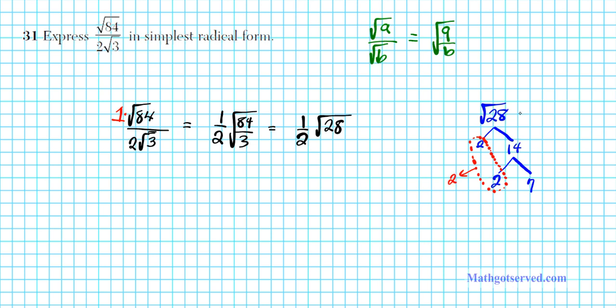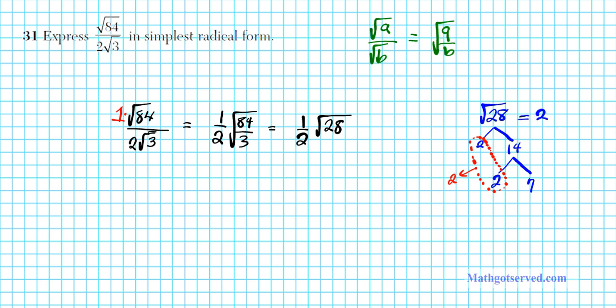So the square root of 28 is going to be 2. This 2 comes out. Let's change the color. Now, what do we have left? The 7. How do we express it? It's going to be the square root of 7. So it's going to be 2 root 7.